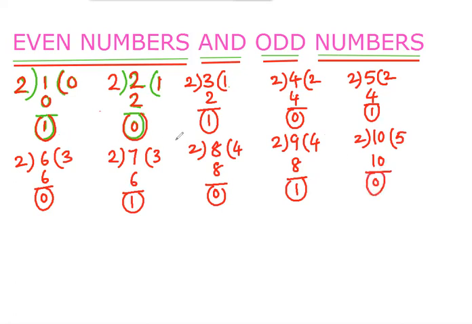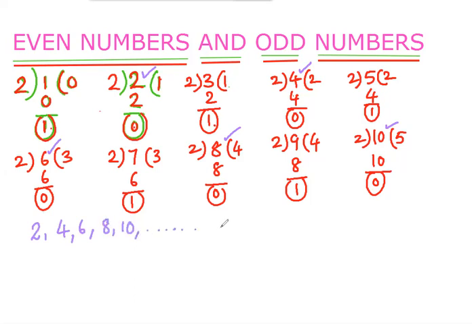If you observe, some numbers leave remainder 0 and some numbers leave remainder 1. Which are leaving remainder 0? Here 2, 4, 6, 8, 10. These numbers leave remainder 0, so these numbers are called even numbers: 2, 4, 6, 8, 10, and so on.